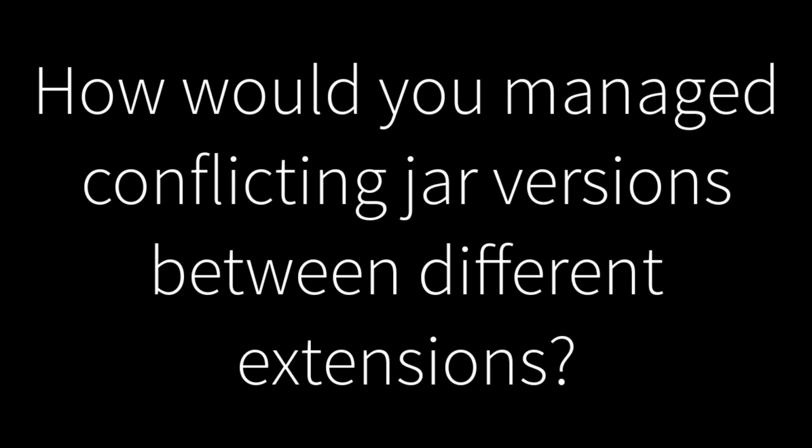If you were to have conflicting Java versions between extensions, honestly, I think it's something that we haven't hit, mostly because a lot of the extensions use Spark resources and there's no need to add additional jars.